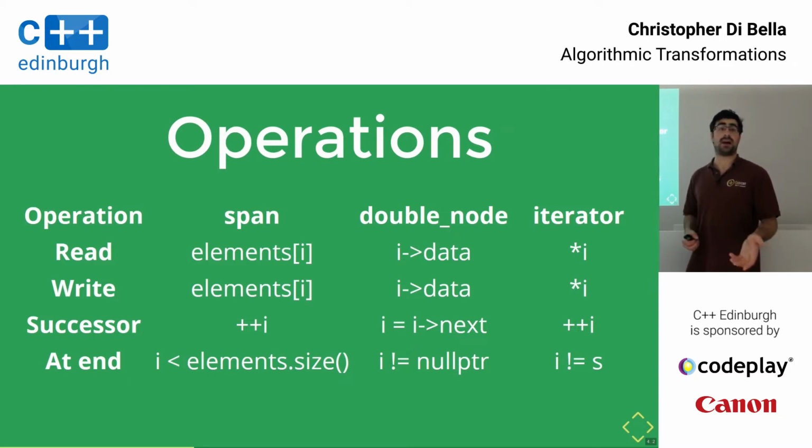And for the iterator, it's just going to be a single ++i. Finally, to check if we're at the end, with indexes, we would check against some predefined size. For lists, we would either check for some sentinel node or null pointer. And finally, with iterators, we would check against a sentinel iterator or sentinel value.